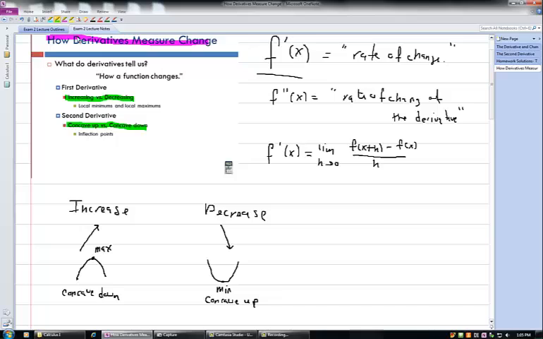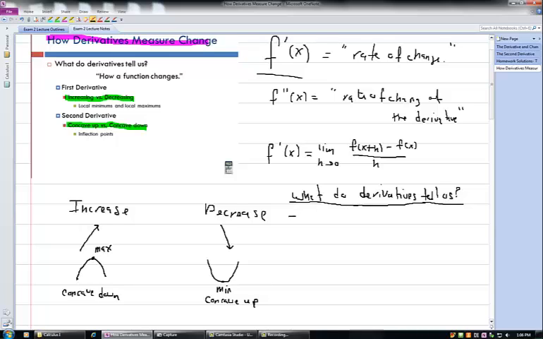So here, let me write down the rule. Right, so what do derivatives tell us?